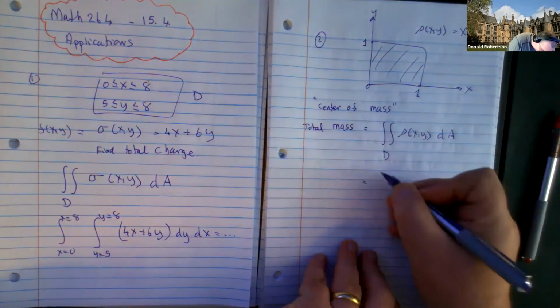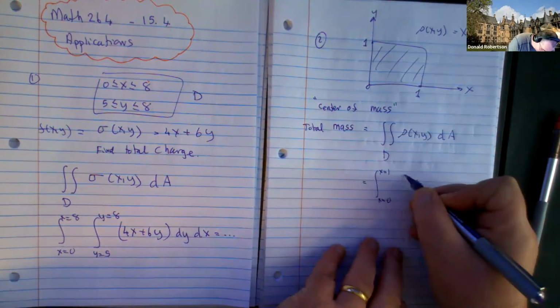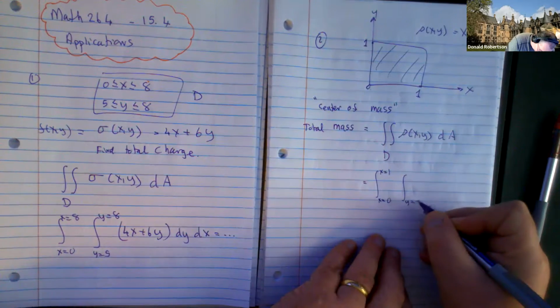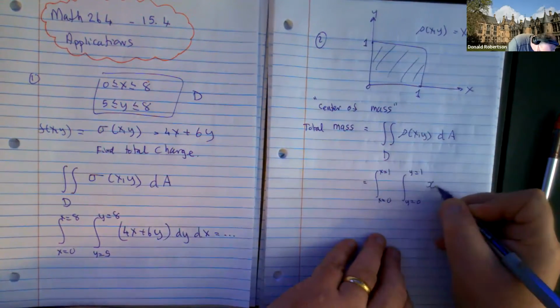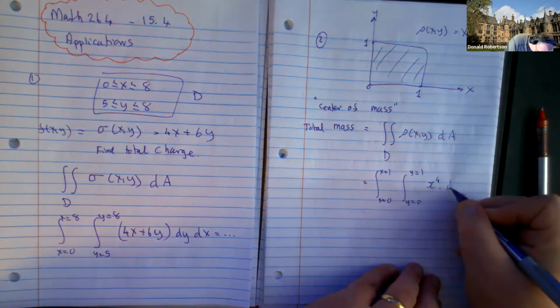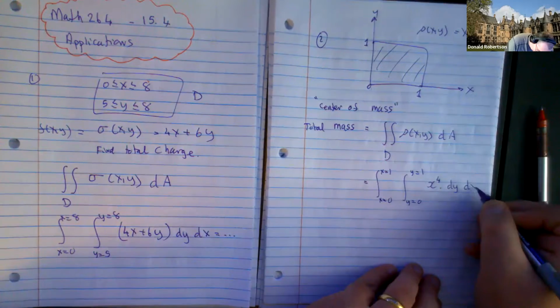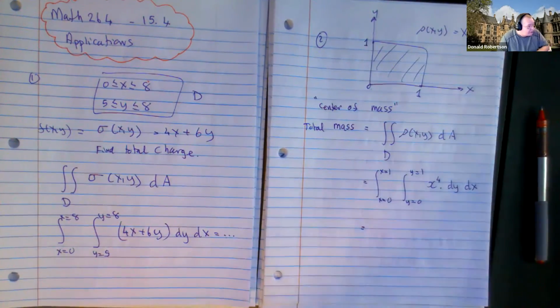In this case, the x's go from 0 to 1, and the y's are going to go from 0 to 1. And the density function is whatever the value of x to the 4 is, and we're going to do a dy followed by a dx. Right, has anybody got an idea here about an easy way to calculate this function?